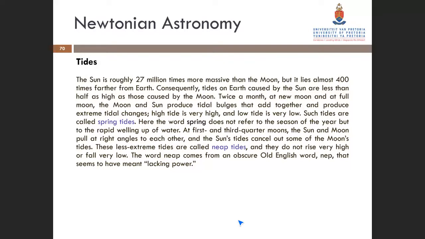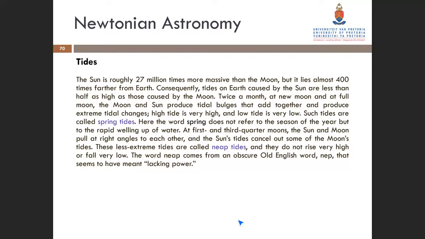High tide is very high and low tide is very low. Such tides are called spring tides. Here the word spring does not refer to the season of the year, but rather to the rapid welling up of water. At first and third quarter moons, the sun and moon pull at right angles to each other and the sun's tides cancel out some of the moon's tides.